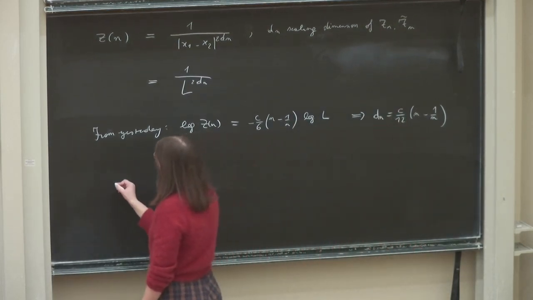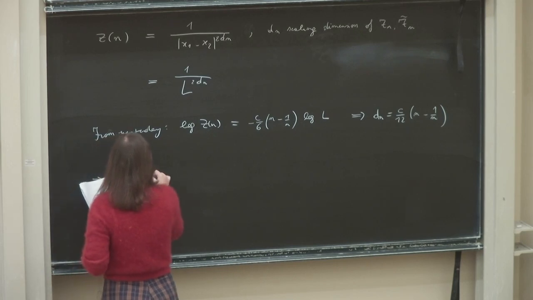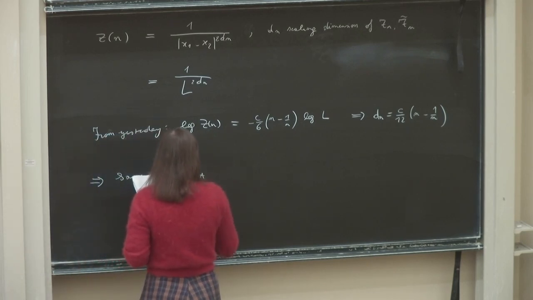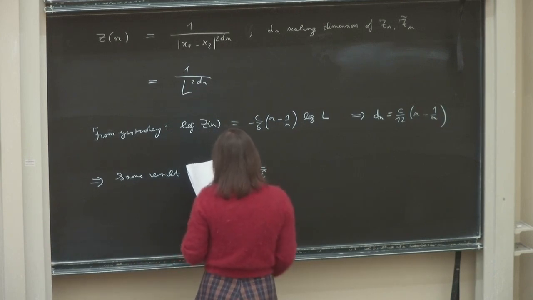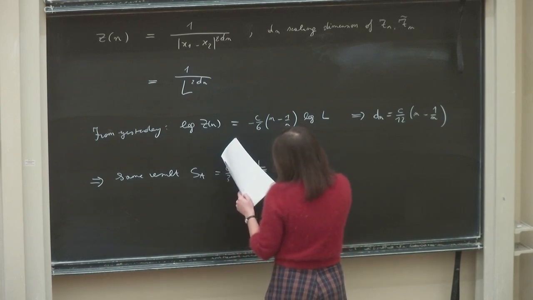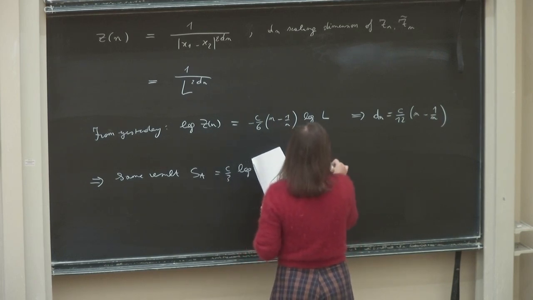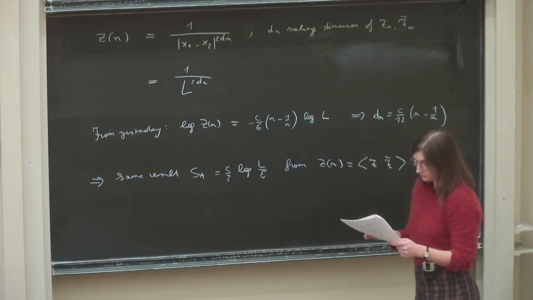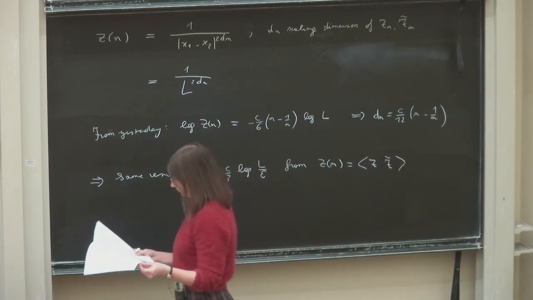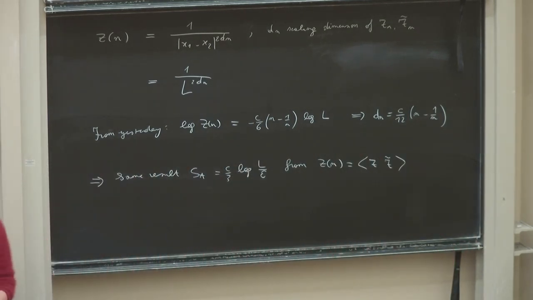But the point is, from this perspective, you get the same result for your entanglement entropy, c over 3 log L over epsilon, from this correlator interpretation of Z_n. Okay, I'll make some space for the conclusion on this.